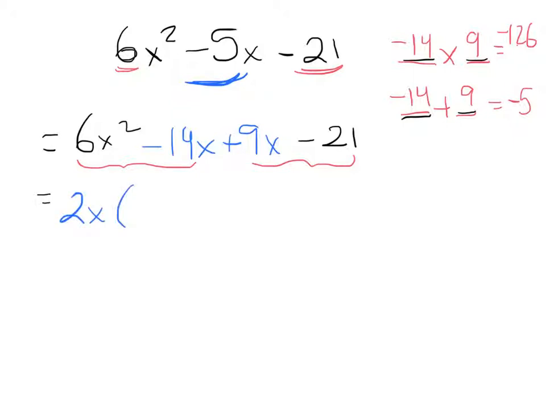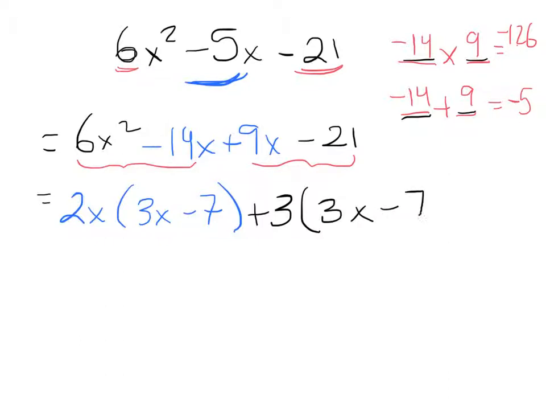If we factor out 2x from these two terms, we're left with 3x minus 7. When we look at the second group, we can see that we can factor out a GCF of 3. So plus 3 into, and that would leave us with 3x minus 7.